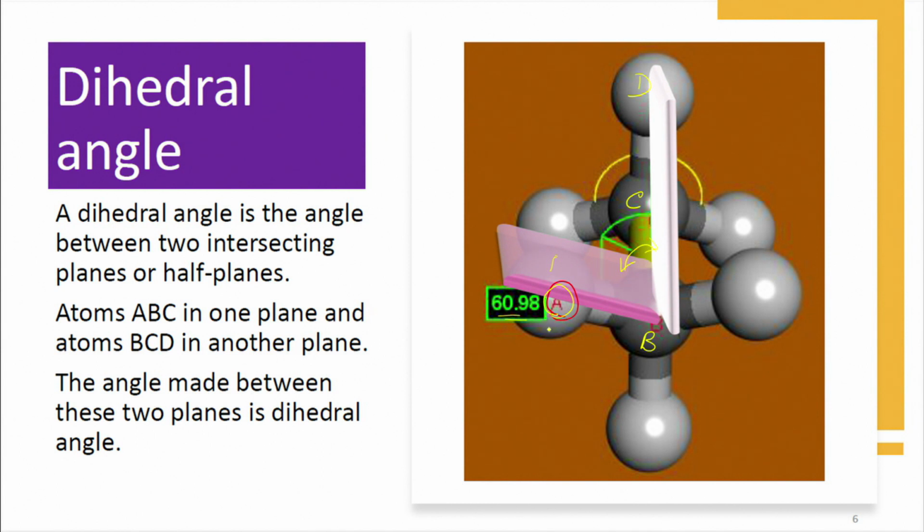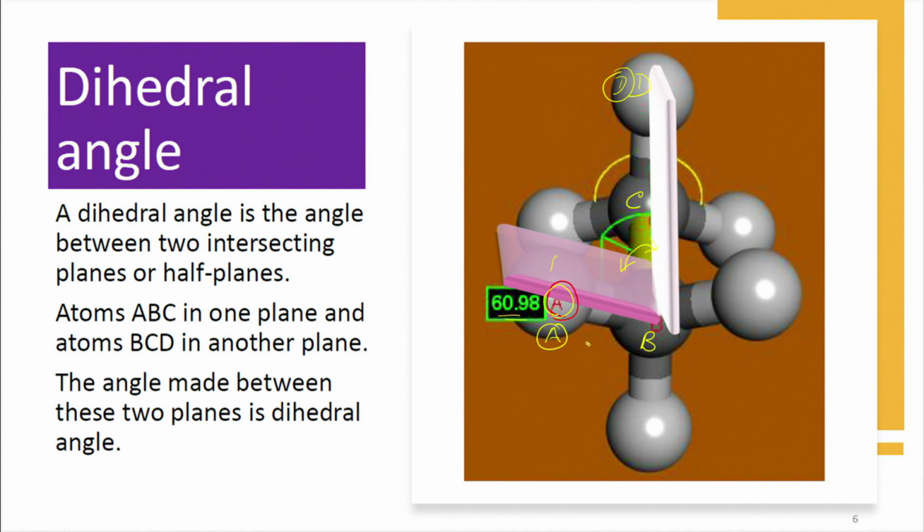In other words, atom A and atom D are the 2 atoms we are talking about, and how these 2 atoms are present determines the dihedral angle.